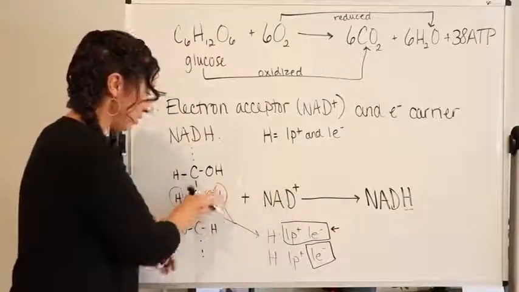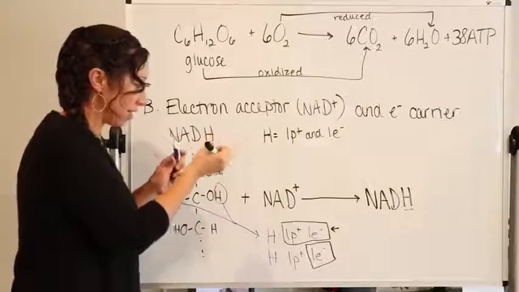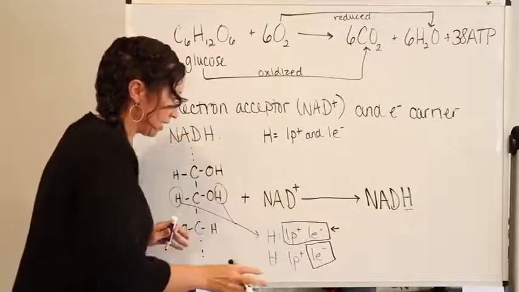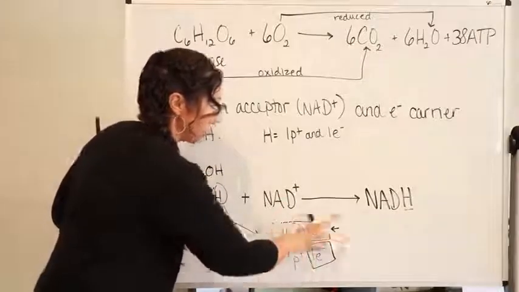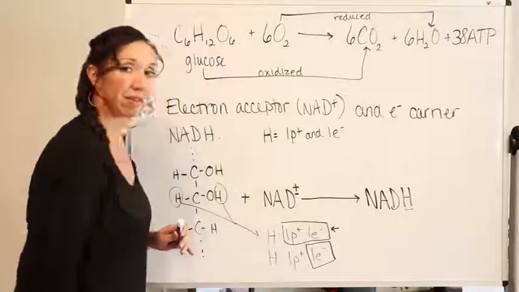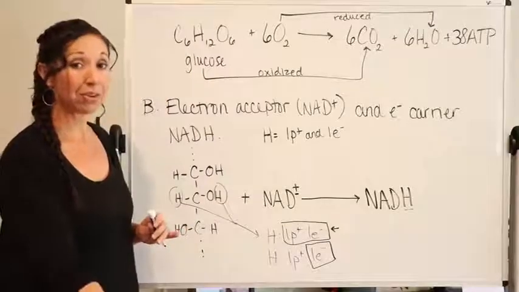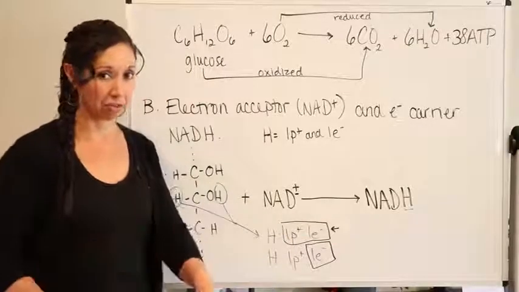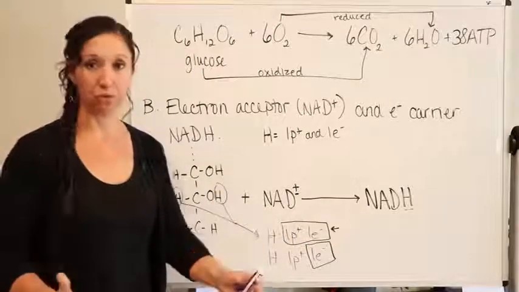So this is how NAD plus works. It finds a molecule, scoops up 2 hydrogens, and strips them, basically. It takes 1 whole hydrogen to itself, and then it takes an electron to balance out that positive charge. So now it's neutral. That's why it's NADH. No positive, no negative, it's just neutral.